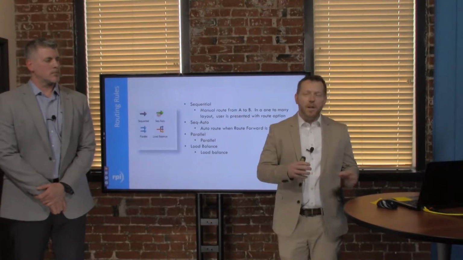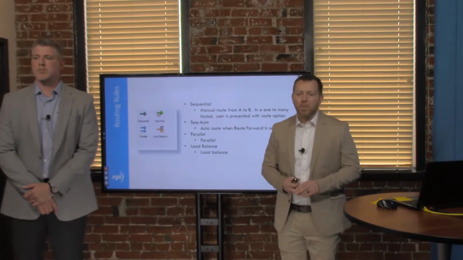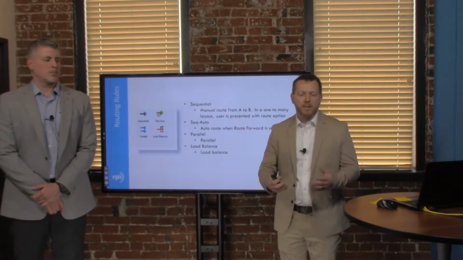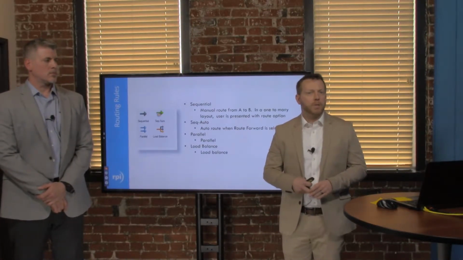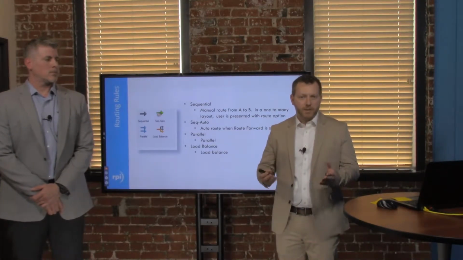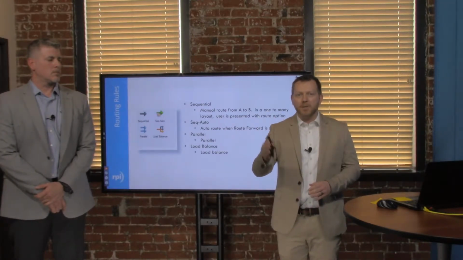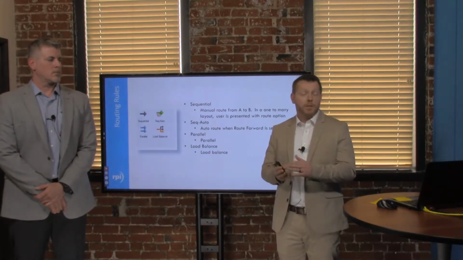Now, as a note on the load balance side, we do have another option that we like to use. Instead of a load balance routing rule, we'll just create a standard routing rule with some unique logic. On your documents, at the end of the doc ID, you have a character, A through Z or 0 through 9.